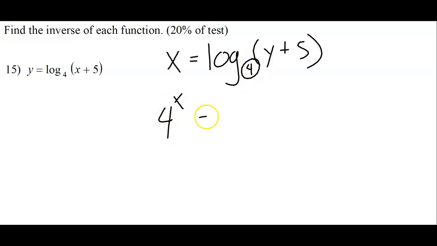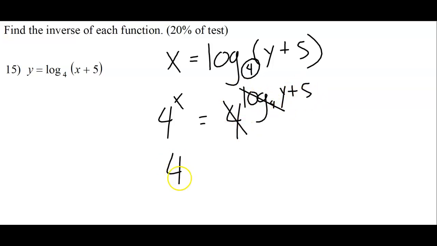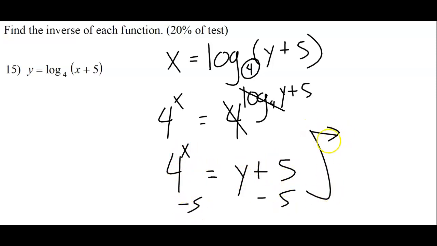So that's going to be 4 to the x is equal to 4 to the log base 4 of y plus 5. On the right side, this 4 cancels out the log 4. I've got y plus 5 here. And to get y by itself there, all we have to do is minus the 5. So final answer there is 4 to the x minus 5 equals y.